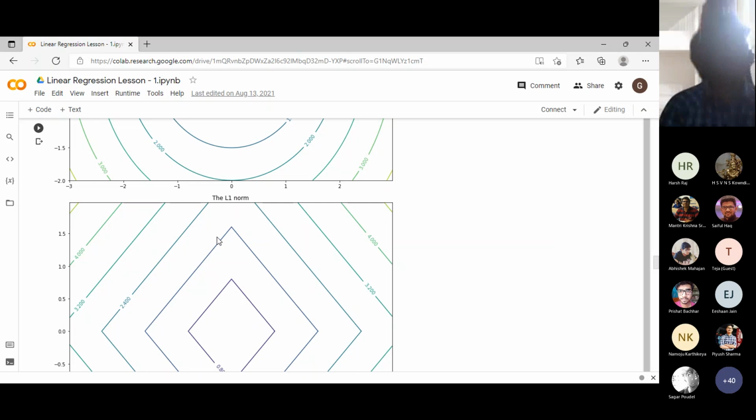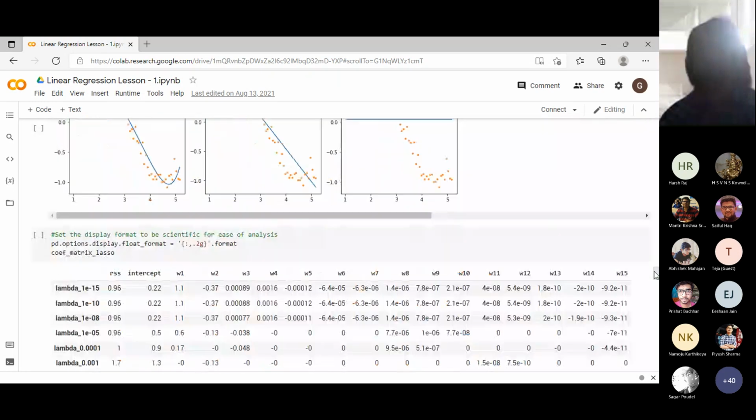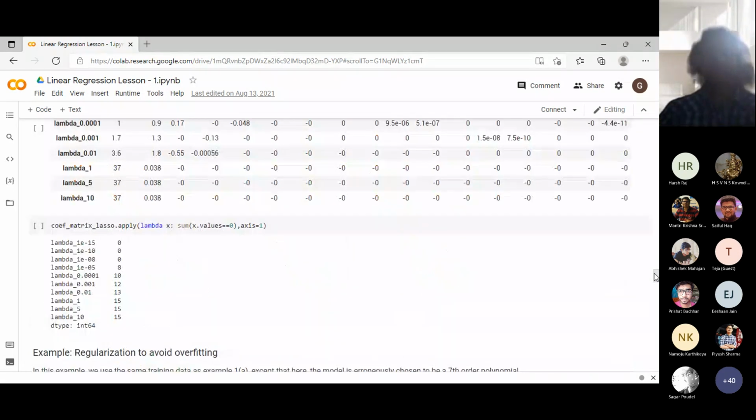I can give an algorithmic explanation a little later. What we are trying to say is the L1 norm tends to give you solutions which have lots of zero components. Going back to the plot below, if you count the number of zero components for large values of lambda, there are lots of zero components, meaning lots of weights which are being pushed to zero.